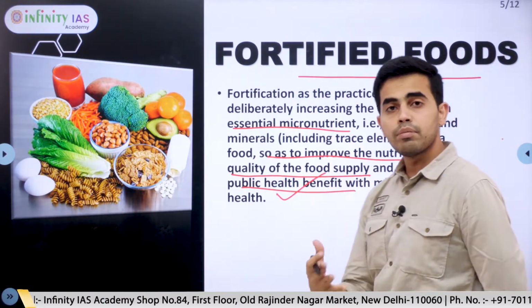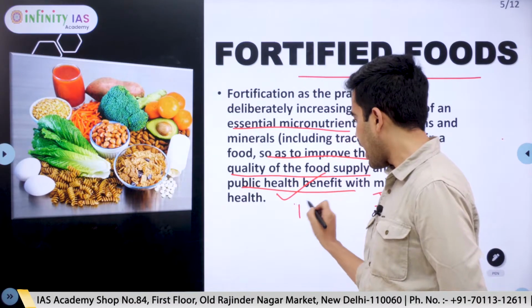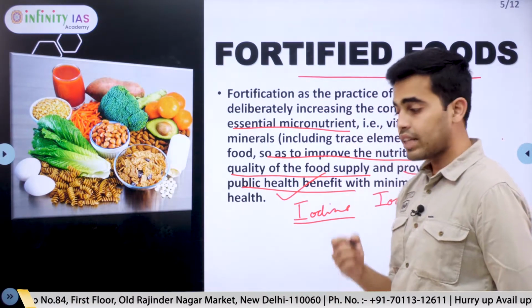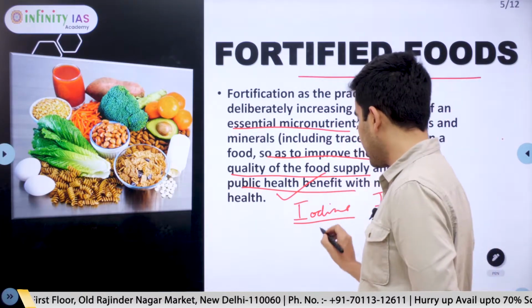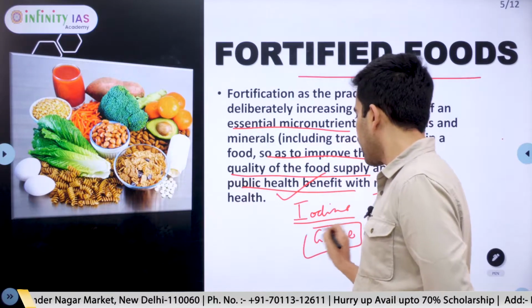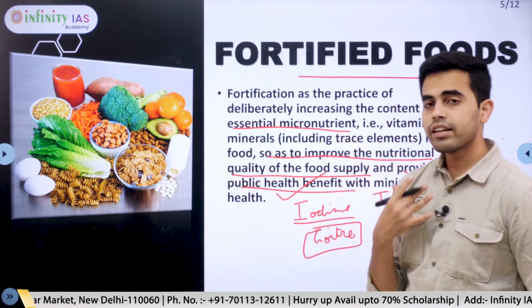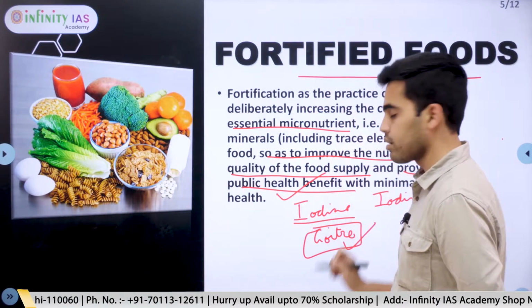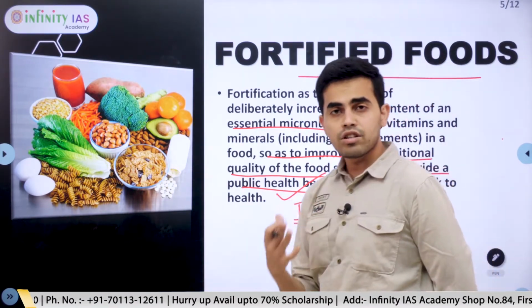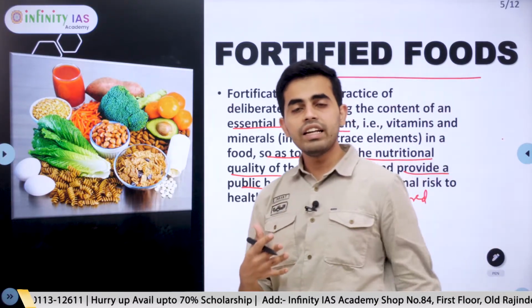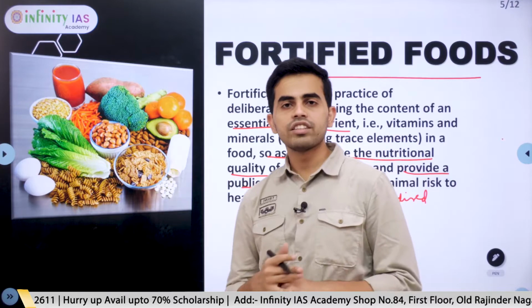What is the public health benefit? We all know iodine deficiency will cause thyroid problems, particularly called goiter. That is, when iodine is not there, the thyroid gland does not work properly and it does not produce the hormones, which leads to a decrease in the bodily functions.